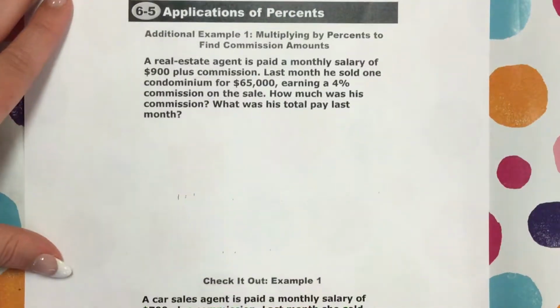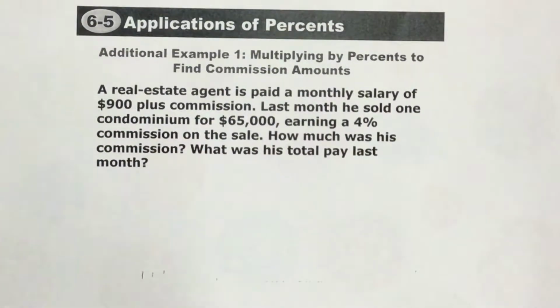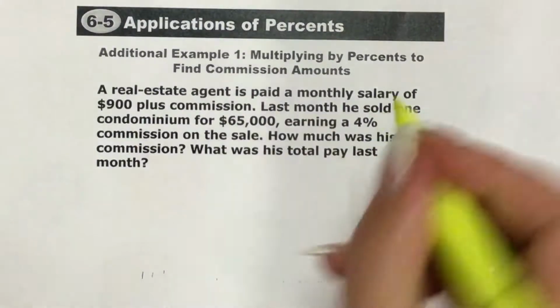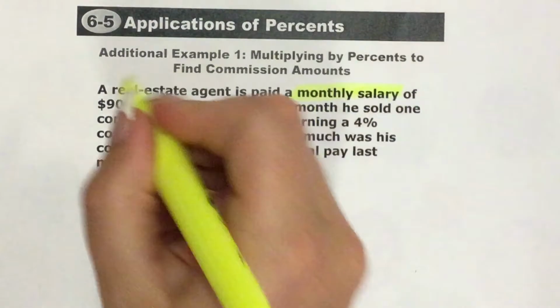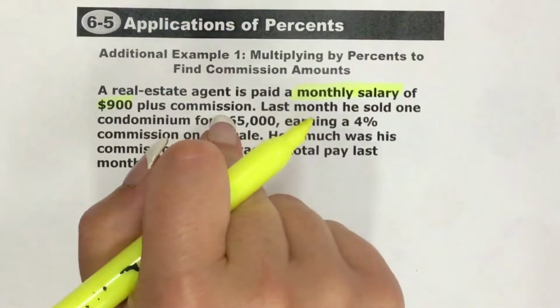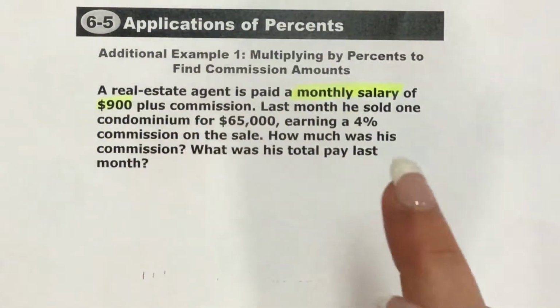So the first one, example 1: a real estate agent is paid a monthly salary of $900, plus commission.